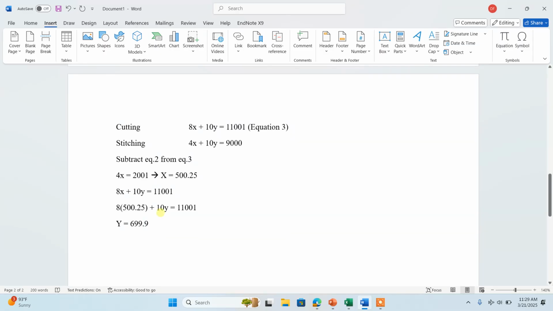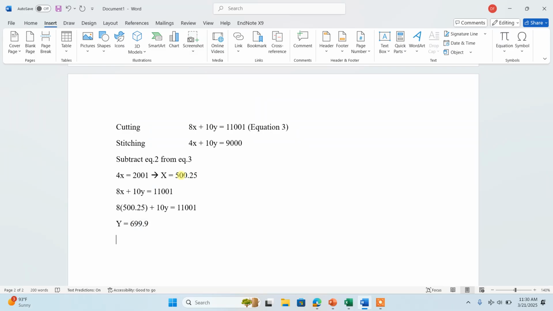So what we did, the first step was to add one unit in the constrained resources. We tried the cutting one, and then we calculated the combination. The best combination over here shows that x should be produced in 500.25 units and y should be produced in 699.9.